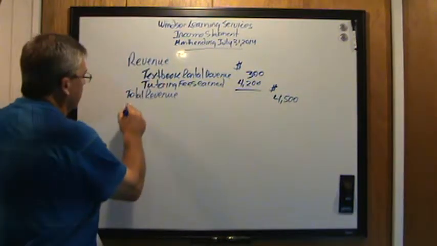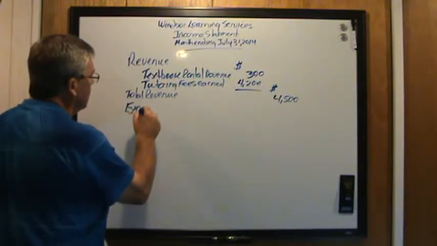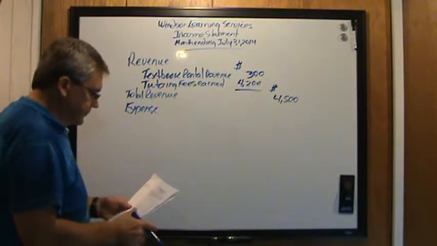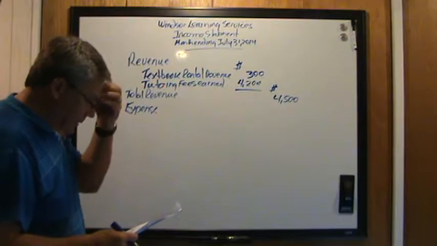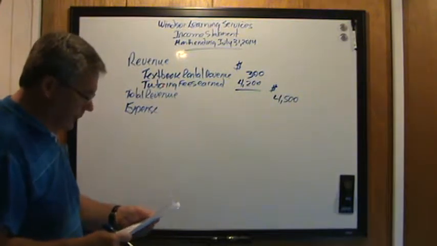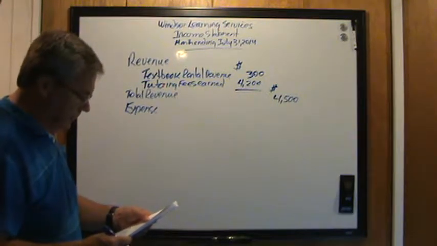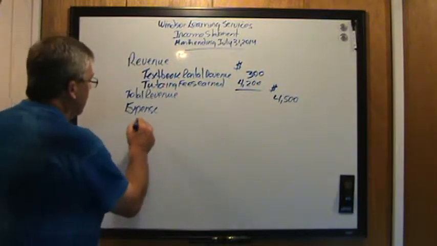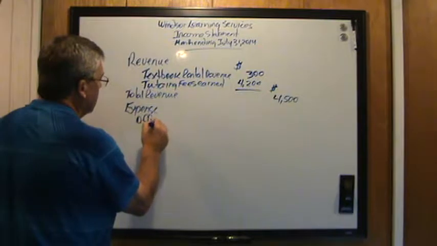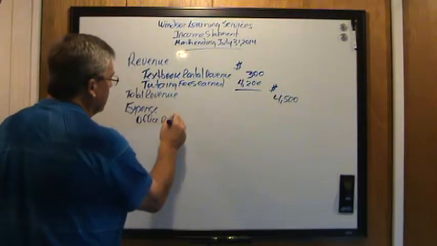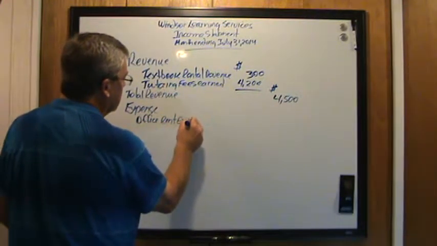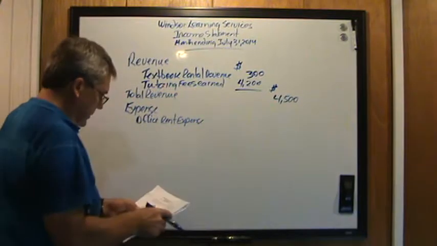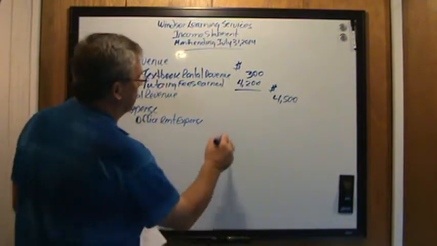So put an expense total, and we go down the list in order. Expenses, office rent expense is $2,500.